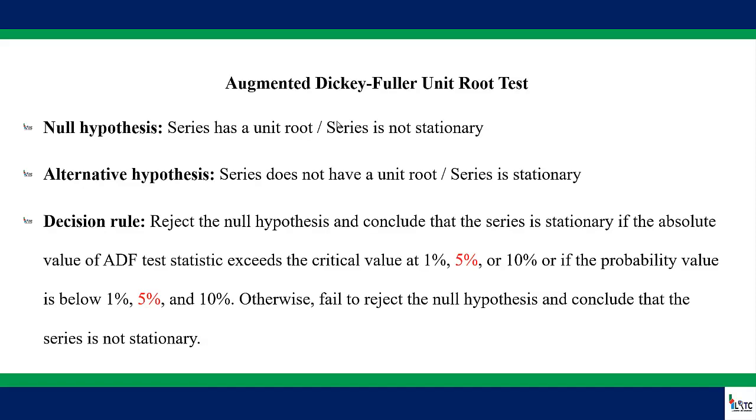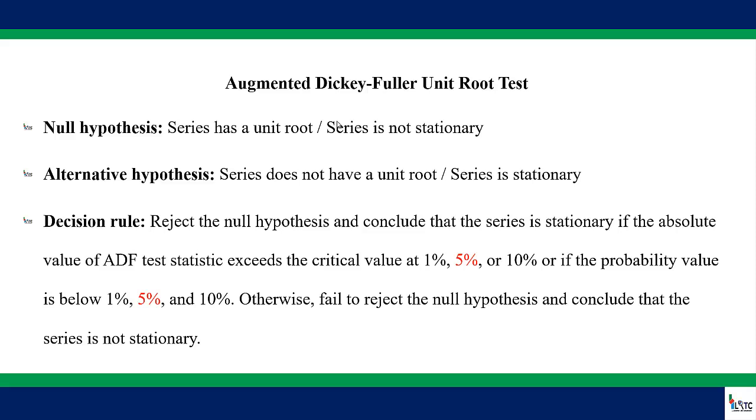But we'll take you through the null hypothesis, the alternative hypothesis, as well as the decision rule in this particular video, because before you can estimate an OLS regression, you must know whether the variable is stationary at level or not. One of the conditions of OLS estimation is that all the variables must be stationary at level.